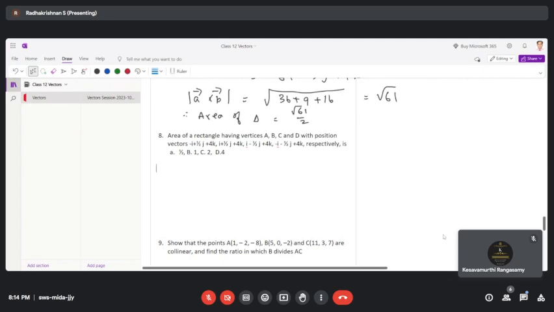A rectangle is always a parallelogram. So for any parallelogram, we have the formula for area of parallelogram. So what is the area of parallelogram?